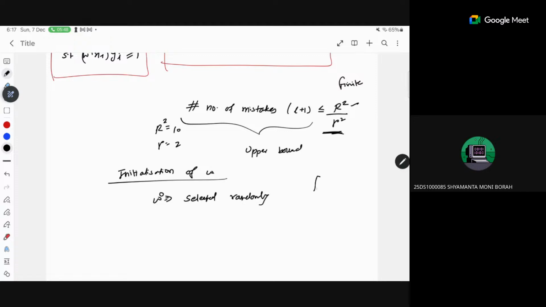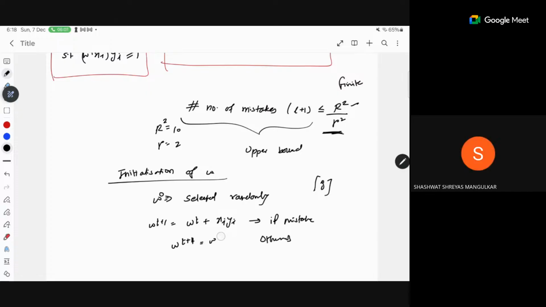If you randomly choose 0, 0, it will give a different path, because Wt plus 1 will be equal to Wt plus xi yi if there is a mistake. Otherwise, Wt plus 1 equals Wt only.